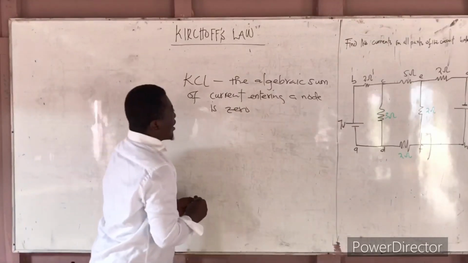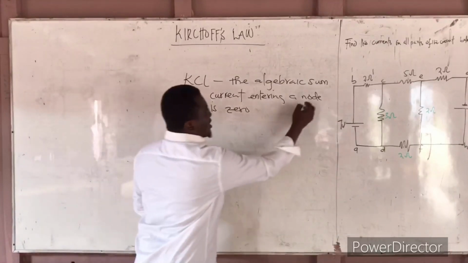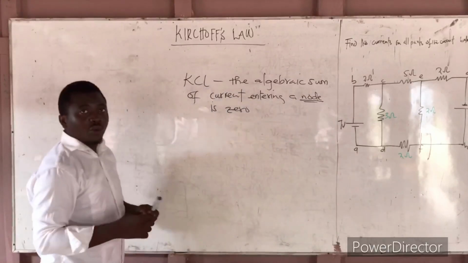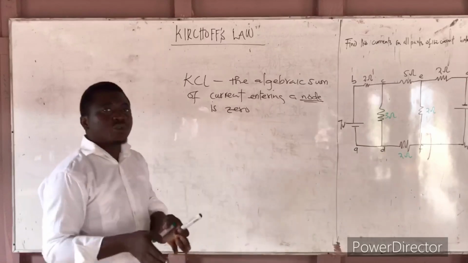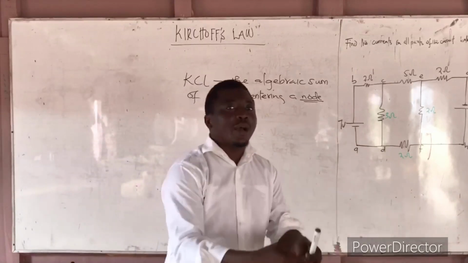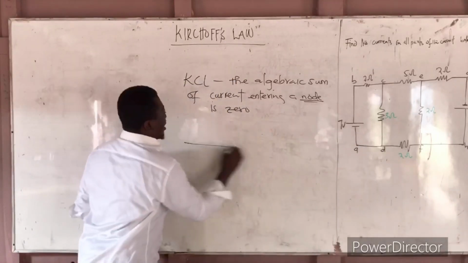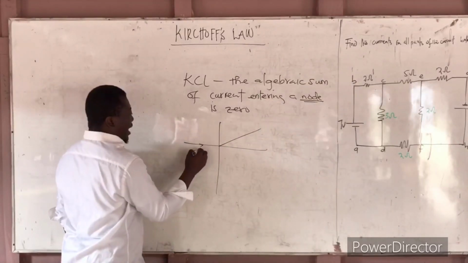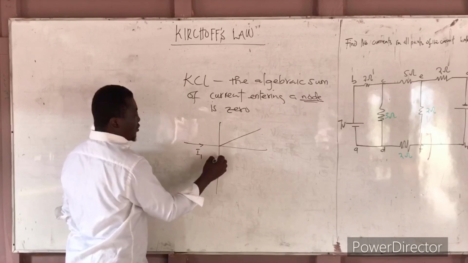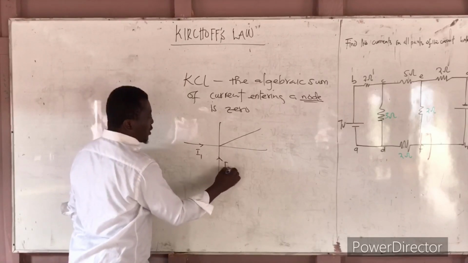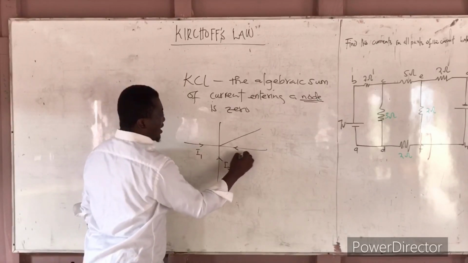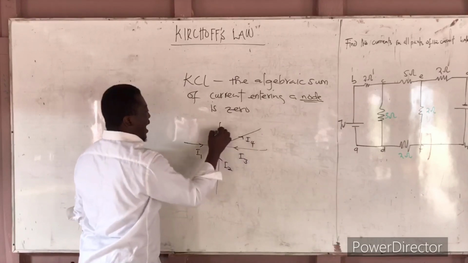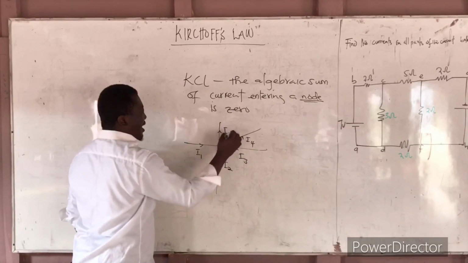So indirectly, what this law is making us know is a node. What is a node? A node is a point where currents split or come together. So for example, if you have this, you can see that maybe I1 is entering, I2 is entering, I3 is entering, but I4 and I5 are leaving.